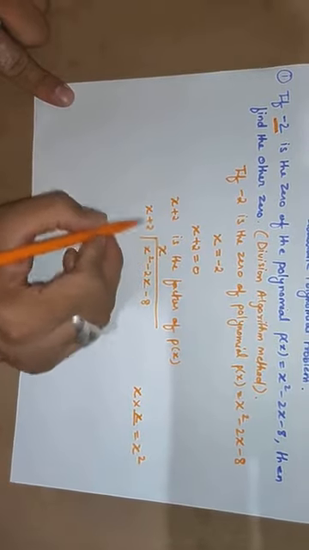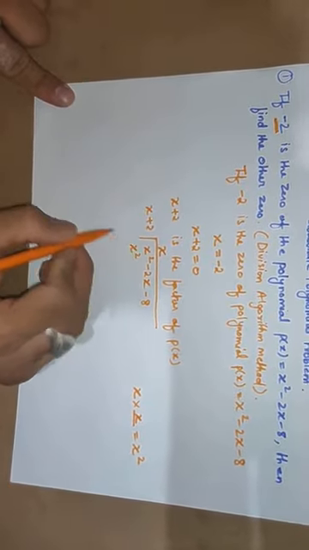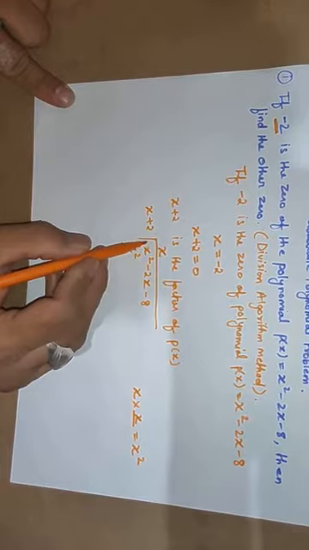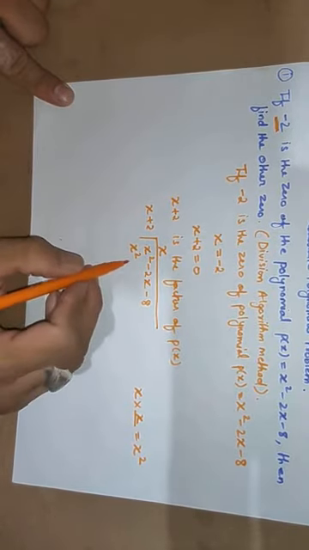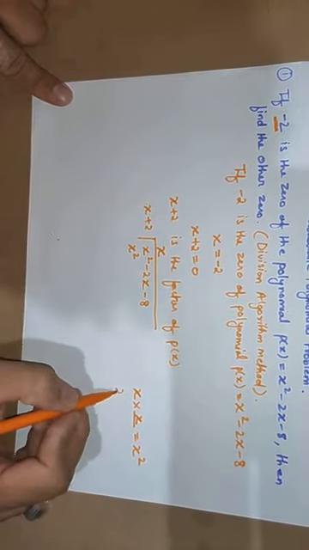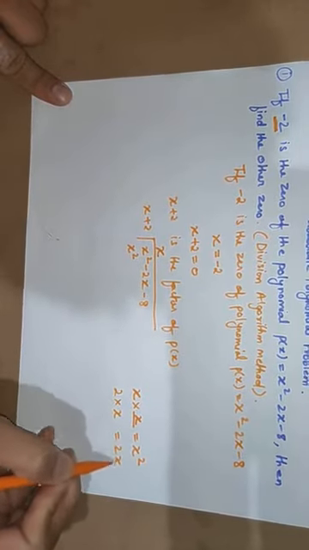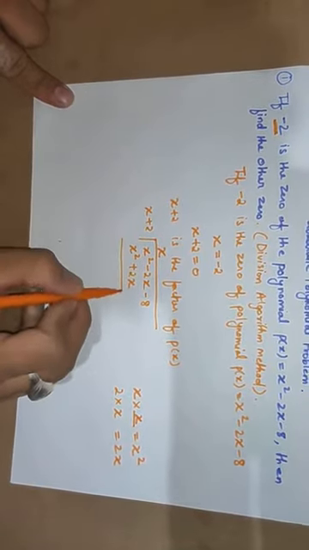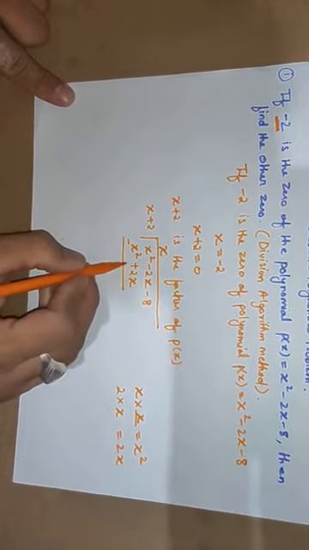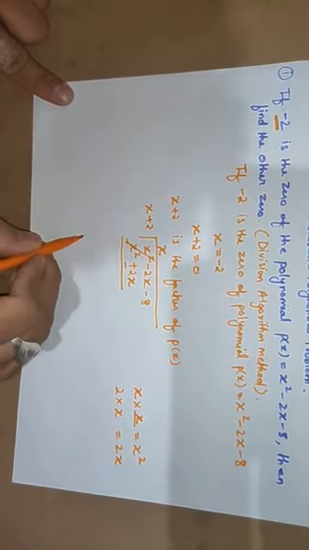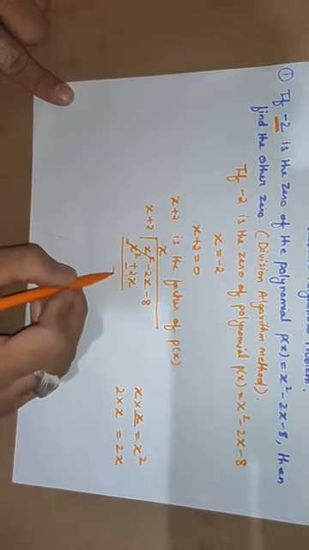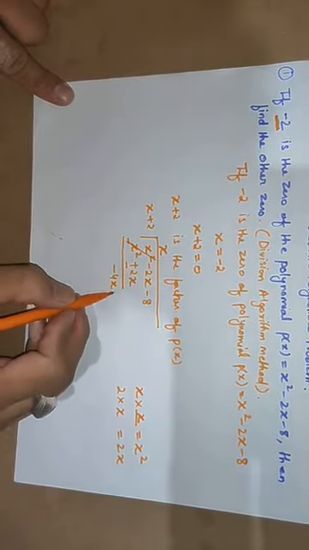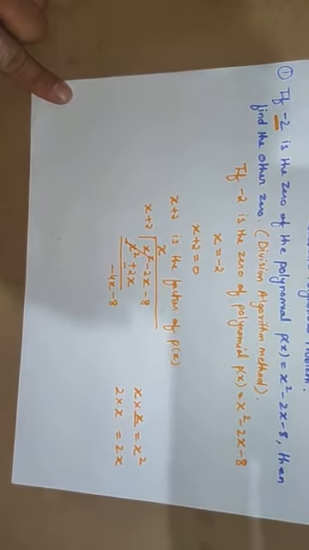I need to multiply the other number also: plus 2 into x is 2x. Then I change the sign, so this cancels out, and minus 2x minus 2x gives minus 4x, then minus 8.